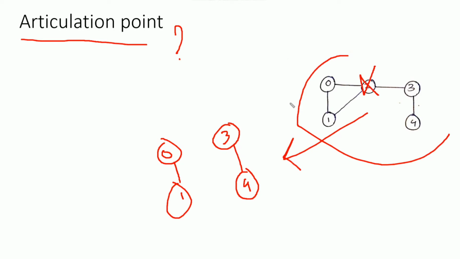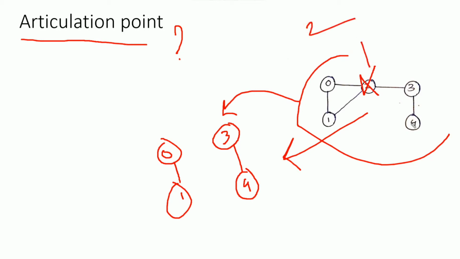After removal of vertex 2, the graph looks like this. Basically from a single graph, it has split into two different components. So we need to find the vertex on removal of which the graph splits into two or more components. So vertex 2 is an articulation point.